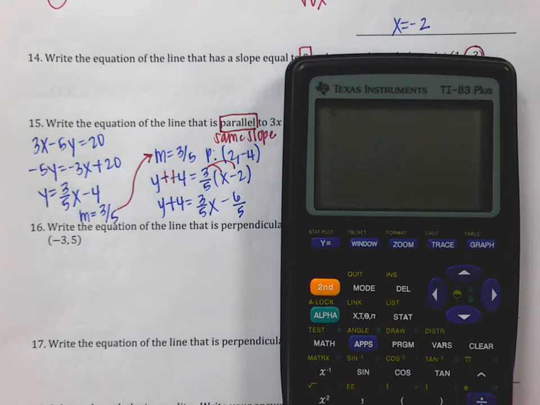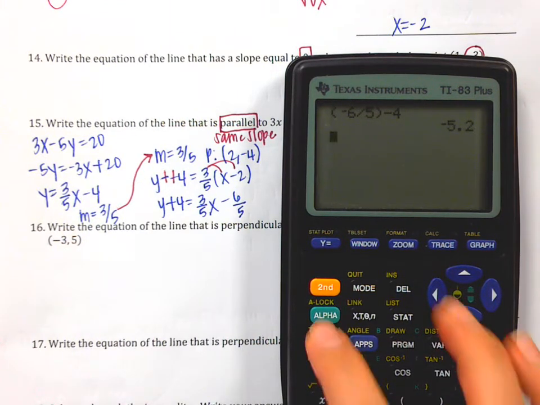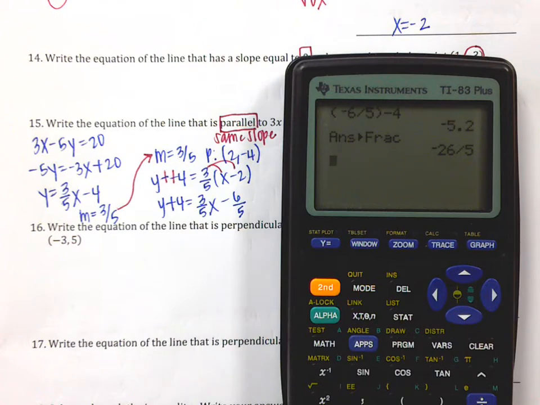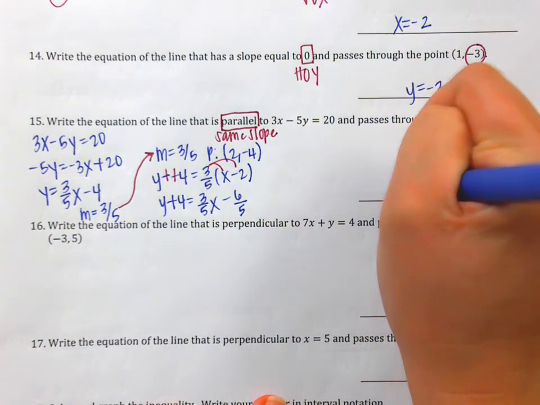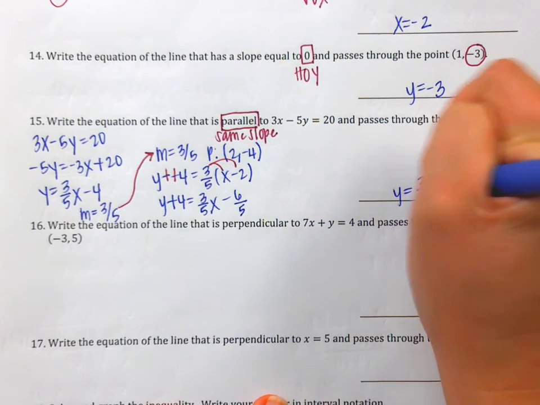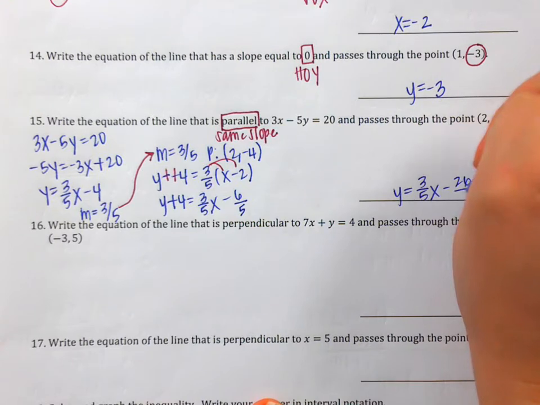So -6/5 minus 4 gets me -5.2. To write it as a fraction, -26/5. So my final answer is y equals 3/5 x minus 26/5.